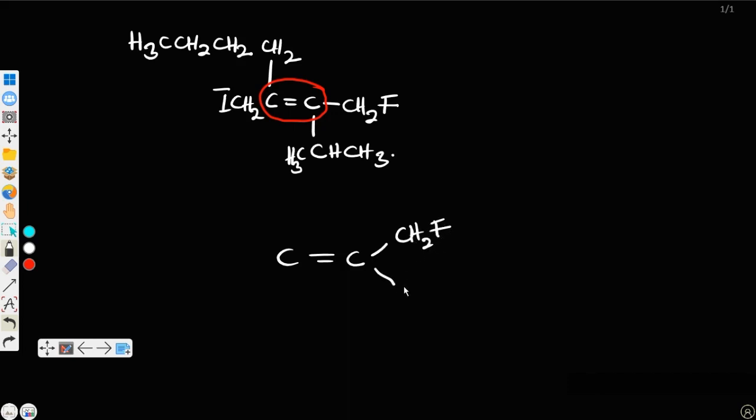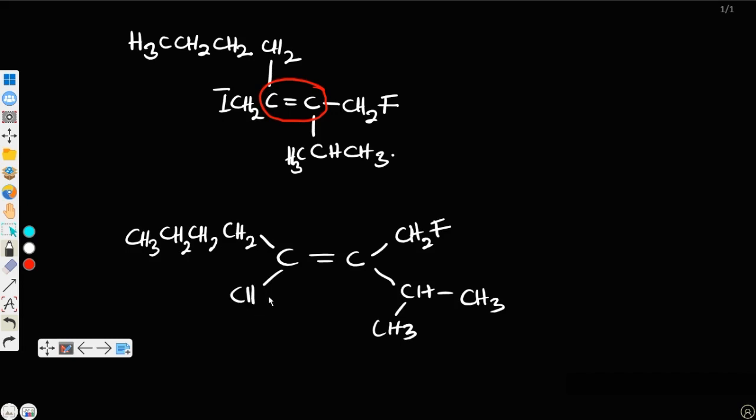To this side, what we have attached is CH, then what you have here is CH3, which is H3C2. Then we have CH3. And then to the upside, what you have attached is CH2, CH2, CH2, and here is H3C, which is the same thing as CH3. And then here, what you have is CH2I.